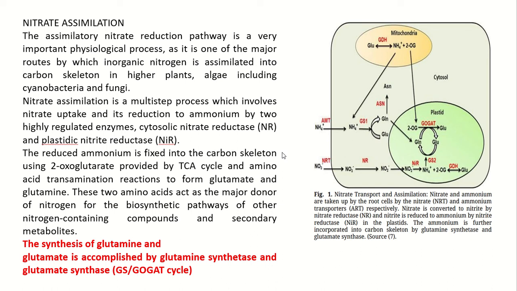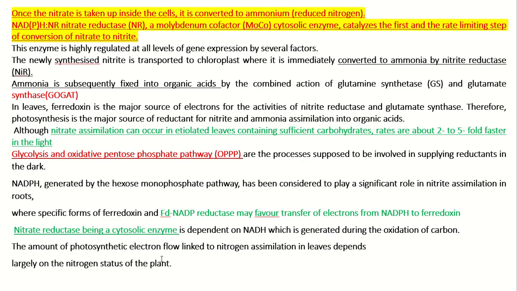So the synthesis of glutamine and glutamate is achieved by two enzymes: one is glutamine synthase, another is glutamate synthase. So the GS-GOGAT cycle. Once the nitrate is taken up inside a cell, it is converted into ammonia or ammonium ion. That is called reduced nitrogen.